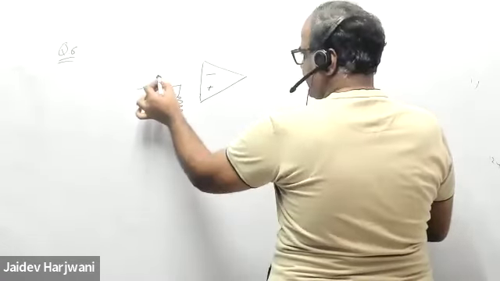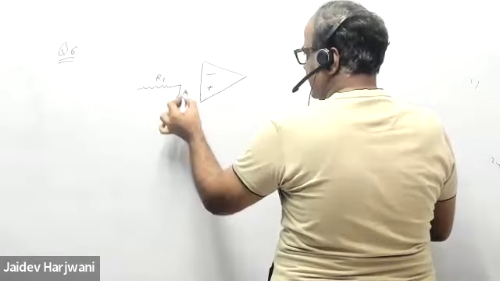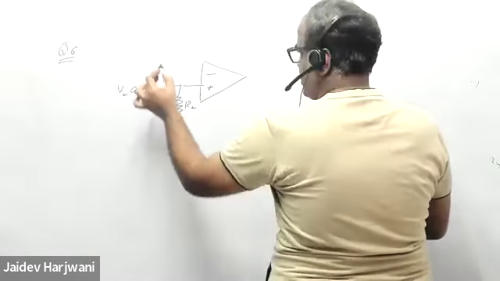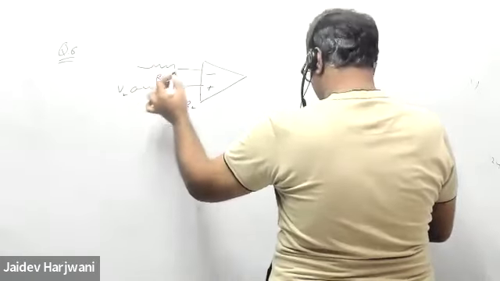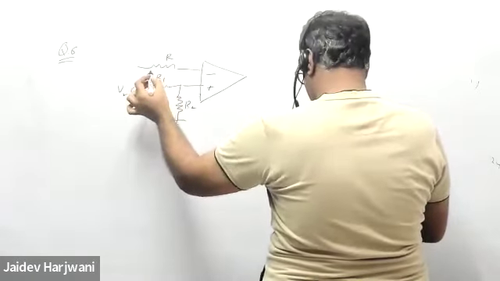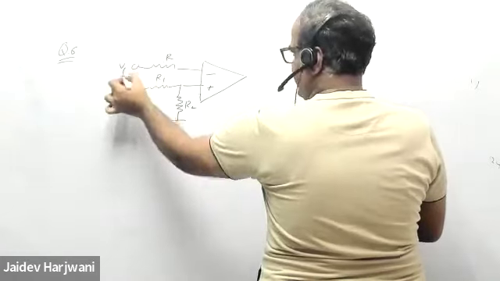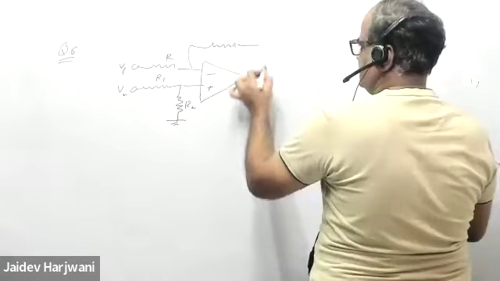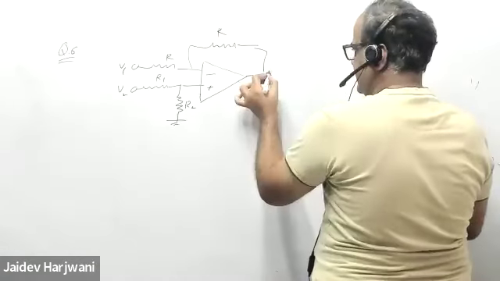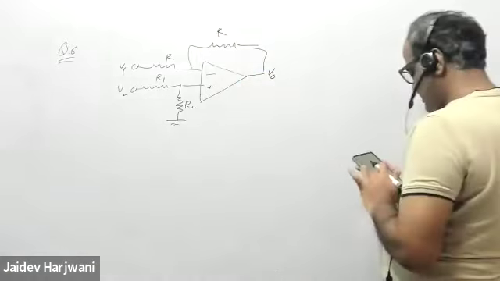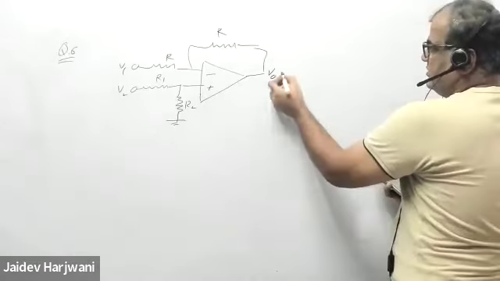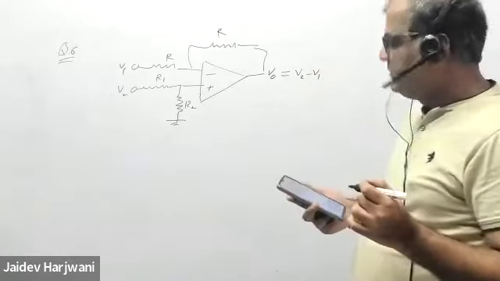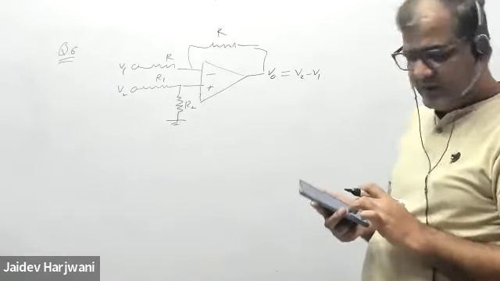You have R1, R2, V2, R, V1, this is also R, and V naught, and V naught is given as V2 minus V1. Tell me the ratio of R1 by R2.